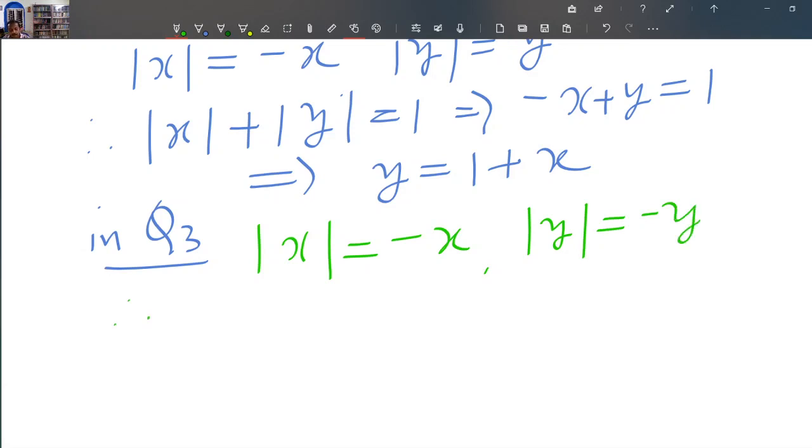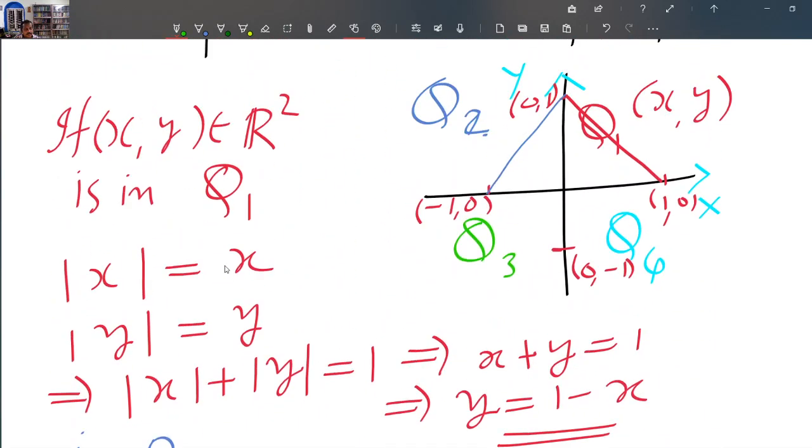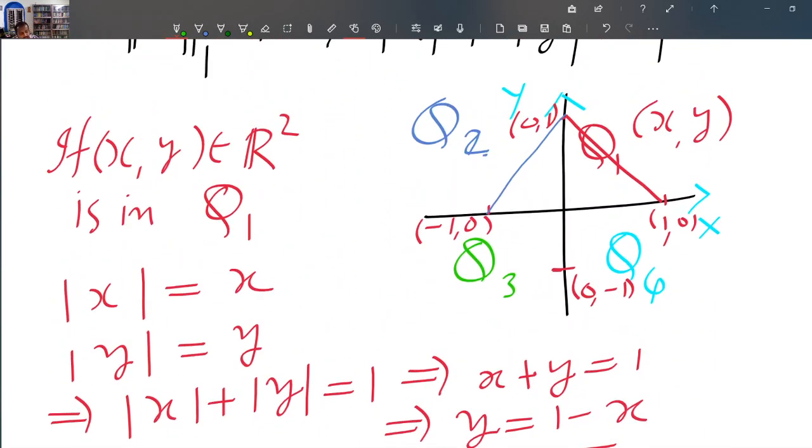So therefore modulus of x plus modulus of y equal to 1 implies minus x plus minus y equal to 1. So this implies in Q3 it is y is equal to minus x minus 1. That line segment will be like this.